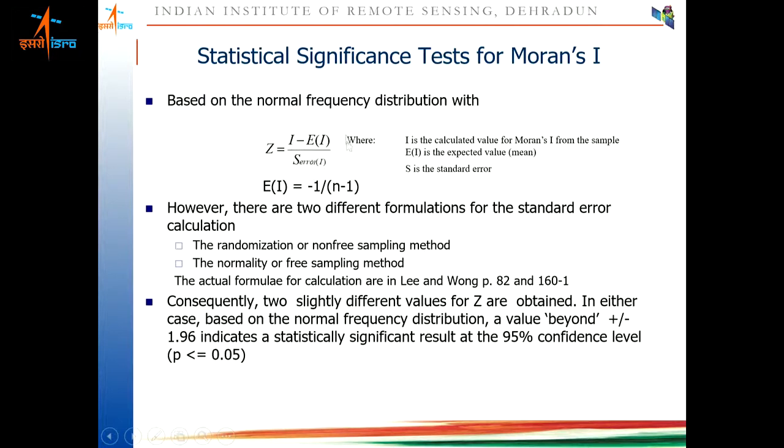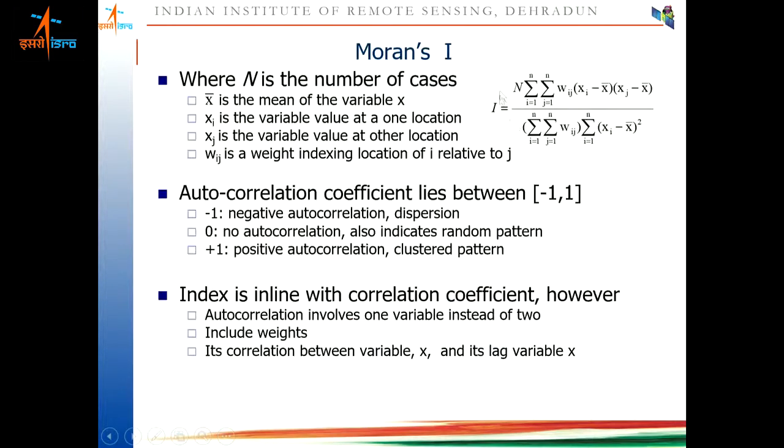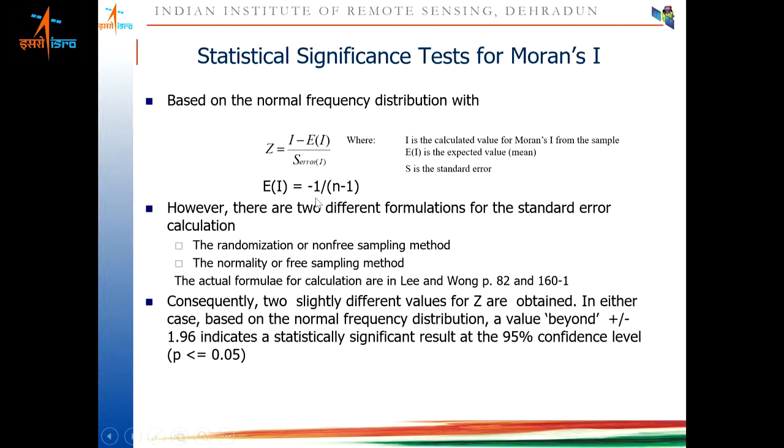This is the standard formula to calculate z: x minus mean divided by standard deviation of x. Here x is your I, and the mean value is the expectation of I, which is minus 1 upon n minus 1. This is calculated from this formula.